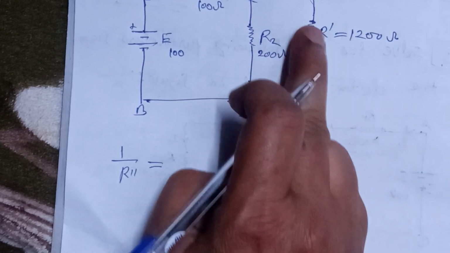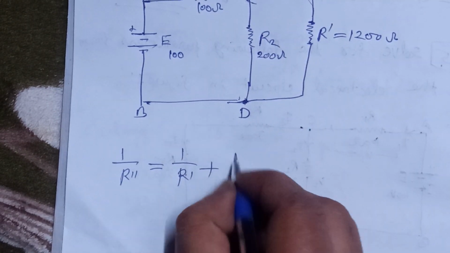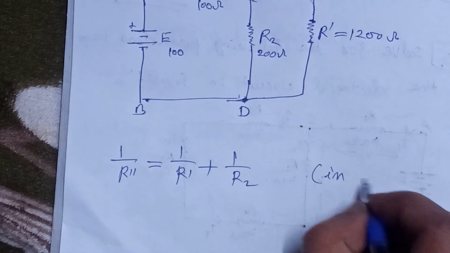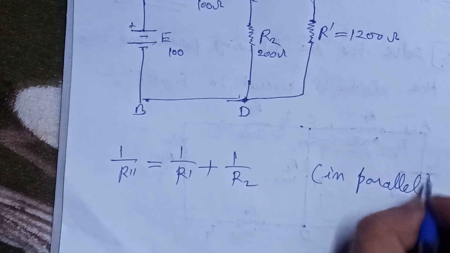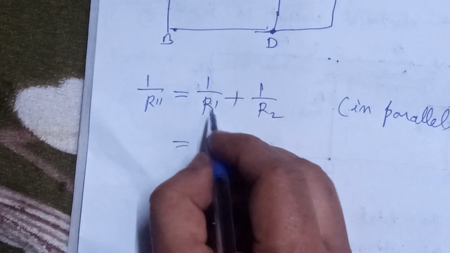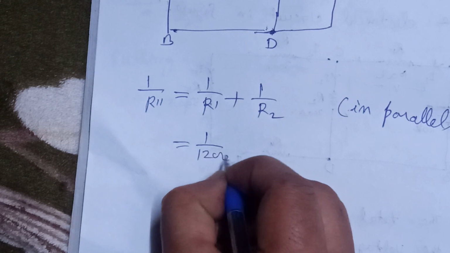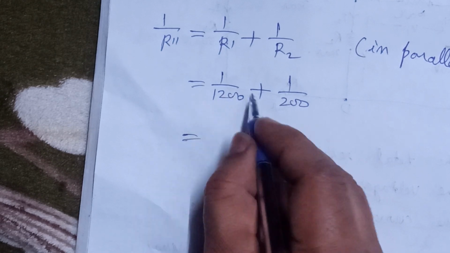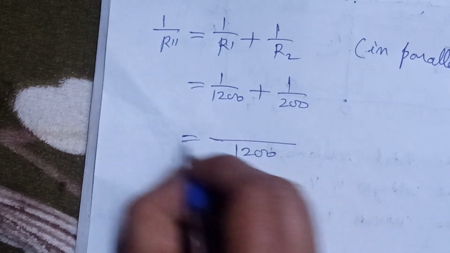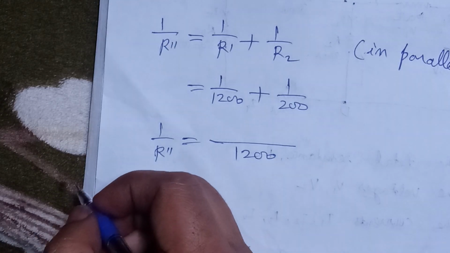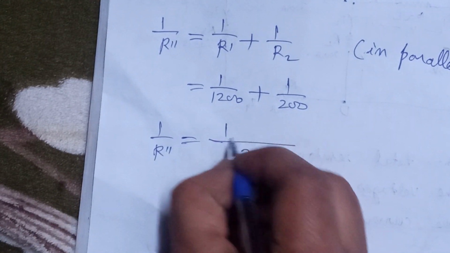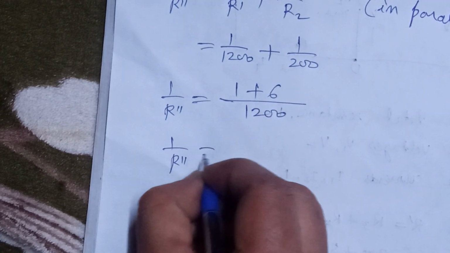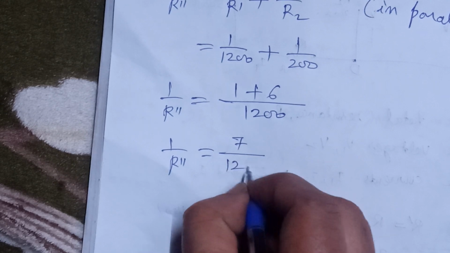So for R dash and R2 in parallel, this value is 1200 and this value is 200. We find the LCM, which is 1200. 1 upon R double dash: divide, we get 1, and dividing by this, we get 6. So 1 upon R double dash is equal to 7 upon 1200.